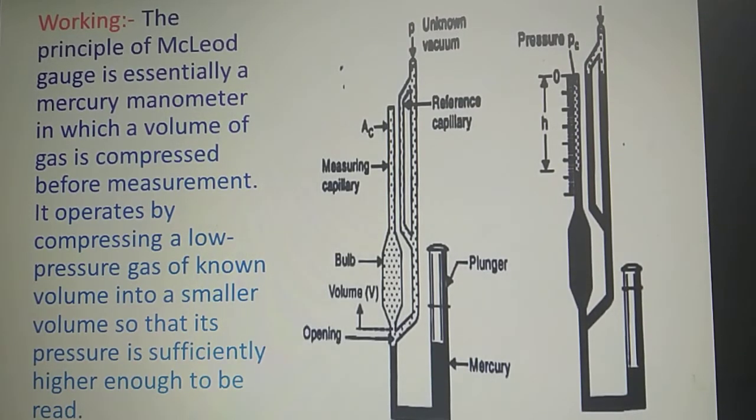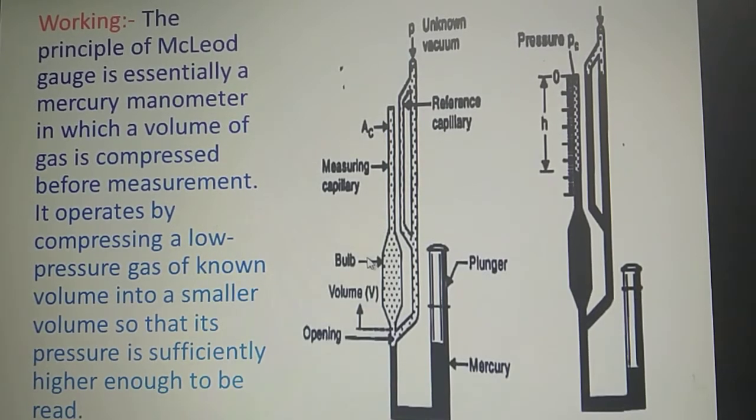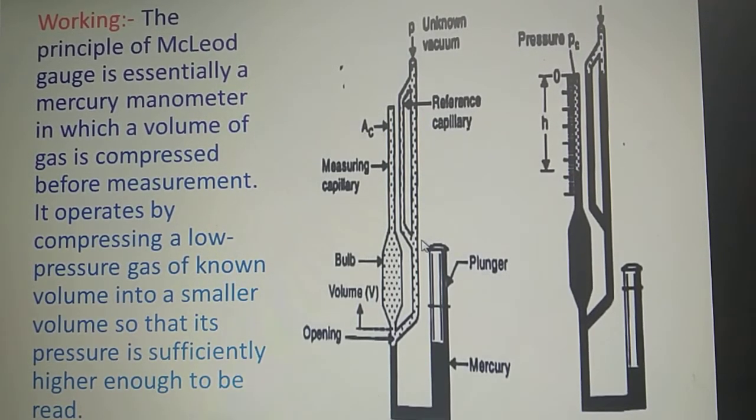This McLeod gauge contains a mercury manometer in which a volume of the gas is compressed. The volume of the gas is compressed before the measurement, and it operates by compressing a low pressure gas of known volume into a smaller volume so that its pressure is sufficiently high enough to be read.